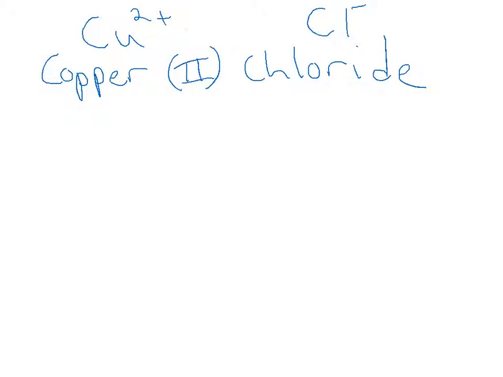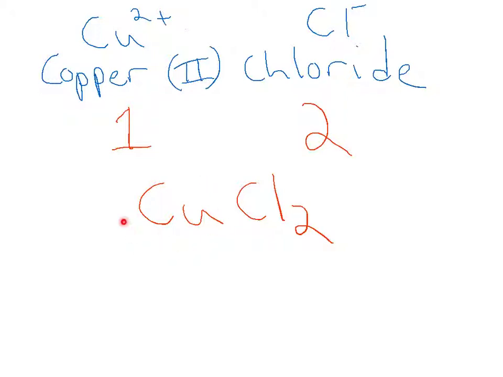If I use 1 copper, how many chlorides do I need to balance that out? That'll be 2. So the formula here is CuCl2. That is to say, I need 1 copper, which has a +2 charge, and to balance that out I need 2 chlorides.